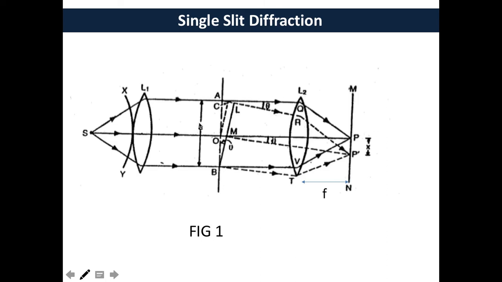If the path difference is 2 lambda, 3 lambda, 4 lambda, the intensity will be minimum and it is destructive interference. Thus destructive interference takes place and the point P prime will be of minimum intensity.